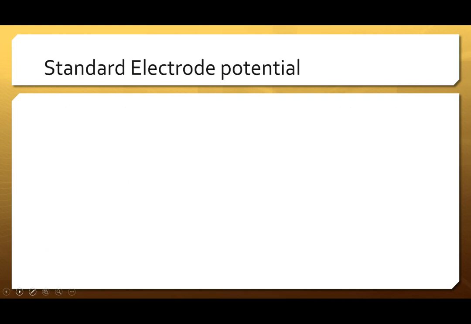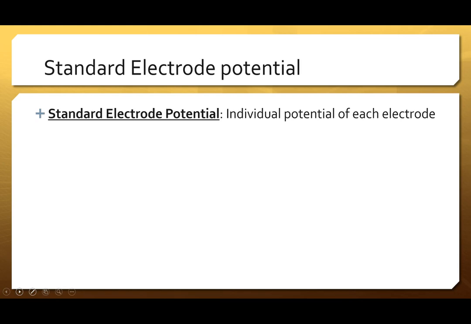Okay. So calculating the standard cell potential. We're going to need the standard electrode potential of each of the individual electrodes, okay? Just as a reminder, the anode is kind of the starting place. It's where electrons are leaving, and that's where the oxidation happens. And the cathode is our ending point, so that's where the electrons are traveling to, and that's where our reduction happens.